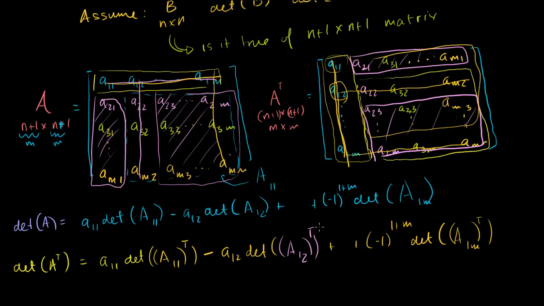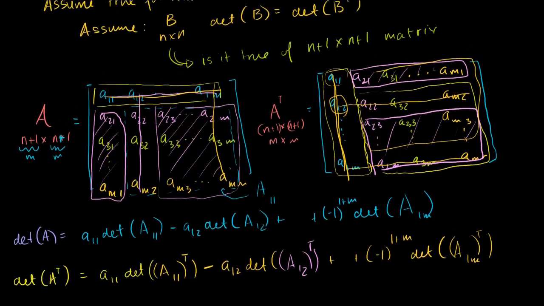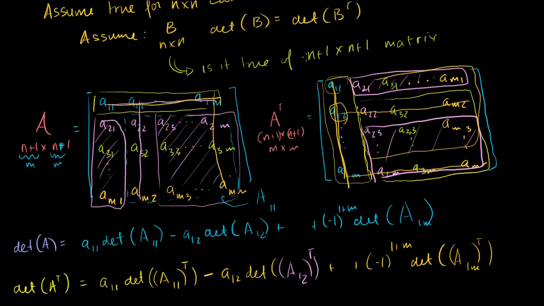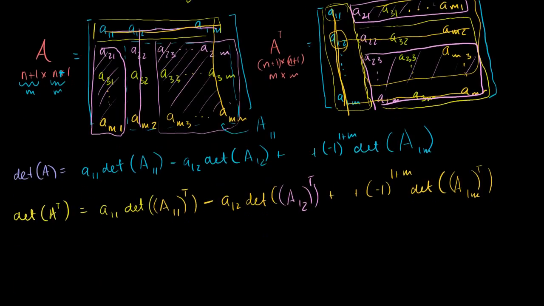Now, remember, going into this inductive proof, or proof by induction, this is an n plus 1 by n plus 1 matrix. But going into it, I assumed that for an n by n matrix, the determinant of B is equal to the determinant of B transpose. Well, these guys right here are n by n matrices, right?